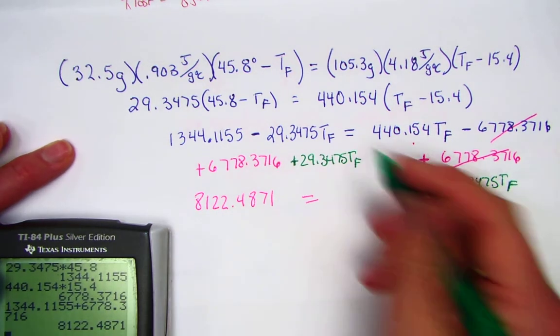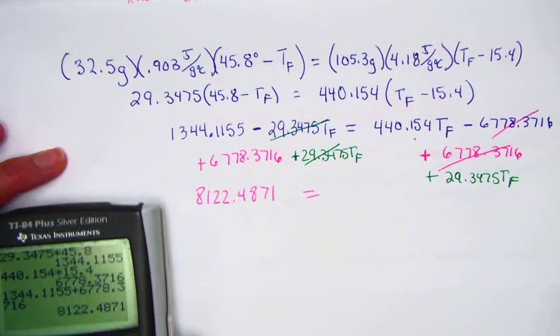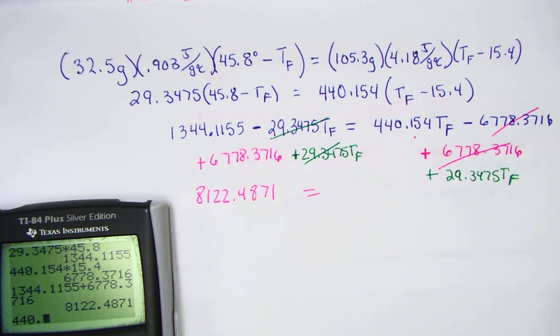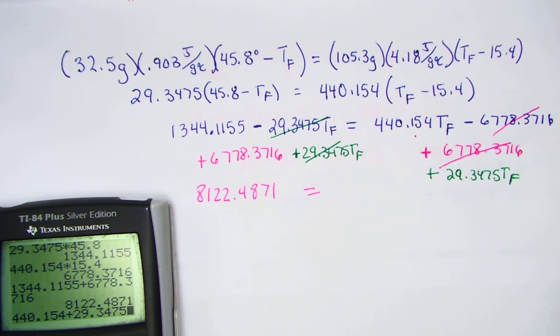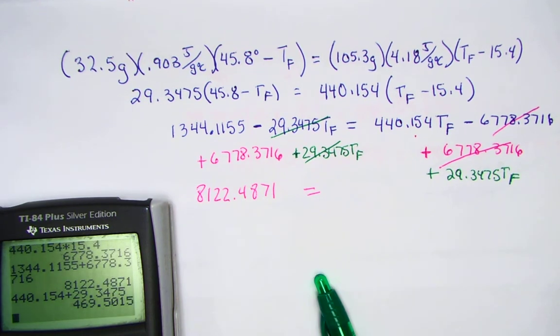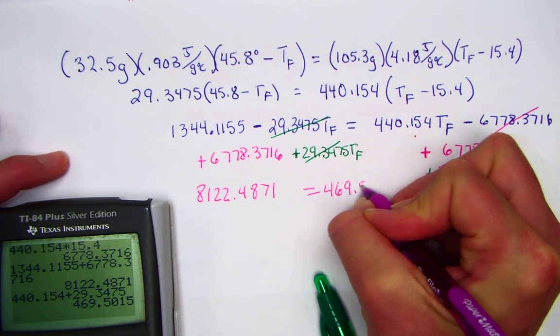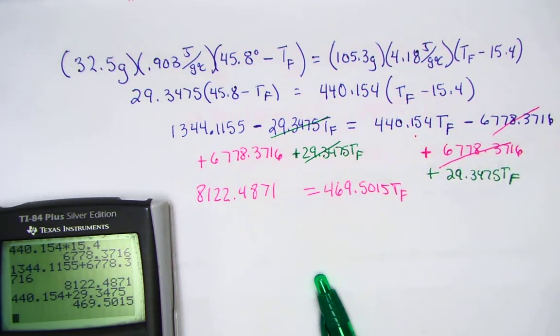So what we're doing now is really eliminating the variable from the left and bringing it to the right side, and I chose that direction to keep it a positive number. 440.154 plus 29.3475. And that's showing me a value of 469.5015, and then my variable TF.